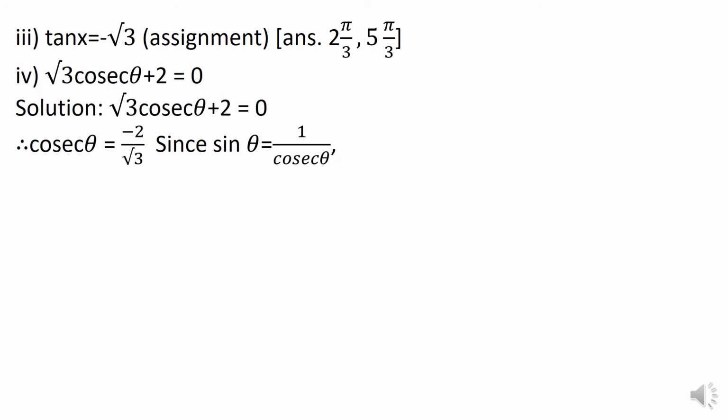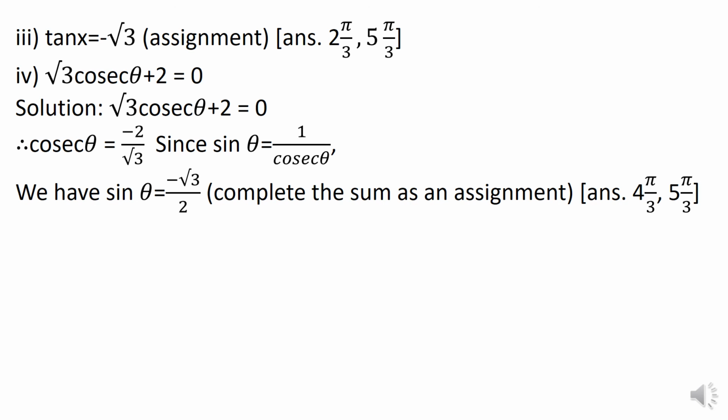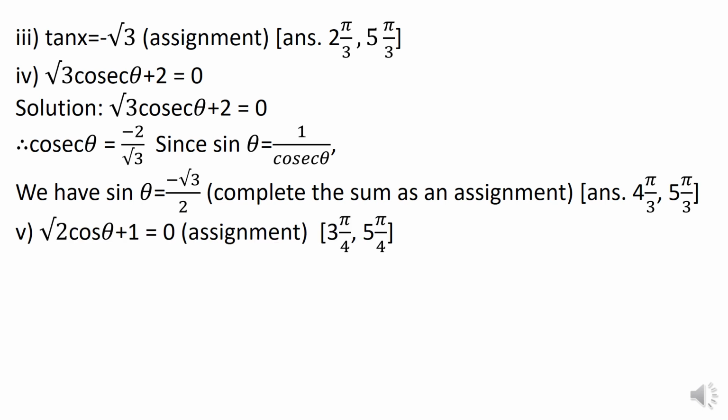Sin is 1 upon cosec theta. So sin theta becomes minus root 3 by 2. You can complete the sum as an assignment now. Answers are given in the bracket for your comparison. The next sum as well can be done just like the fourth sum, and do it in your notebook as an assignment and check your answers.